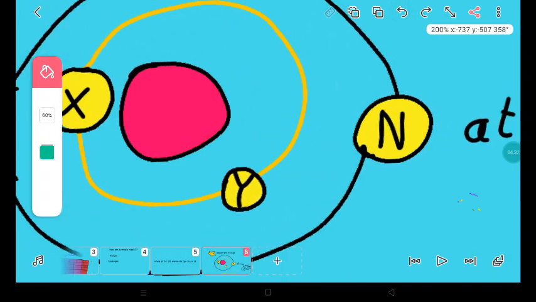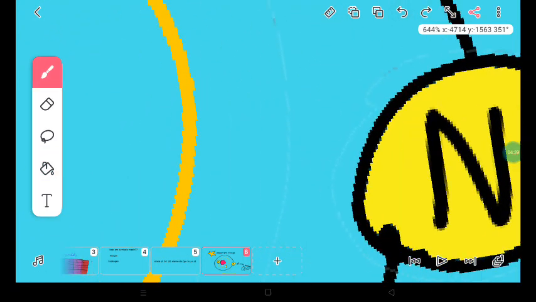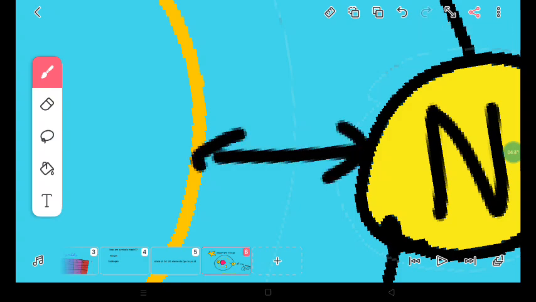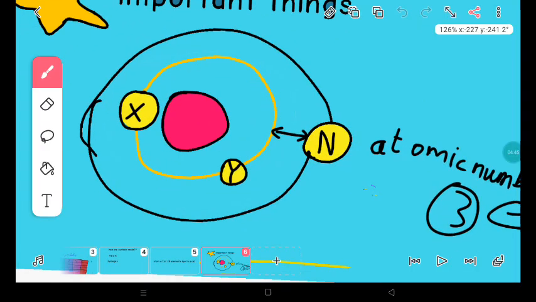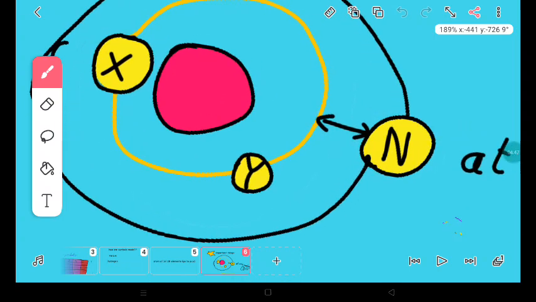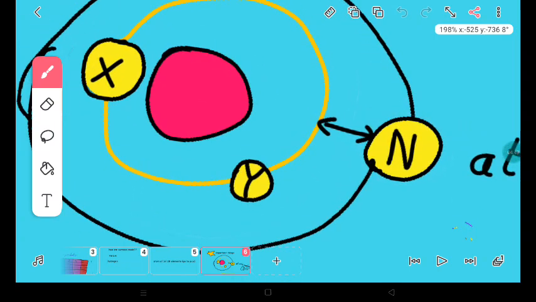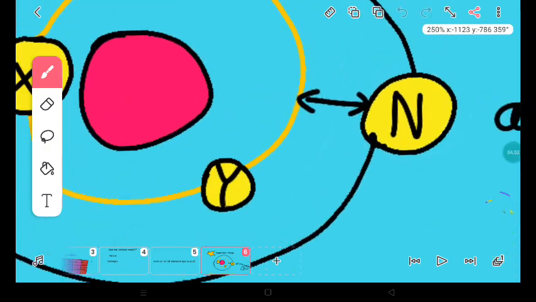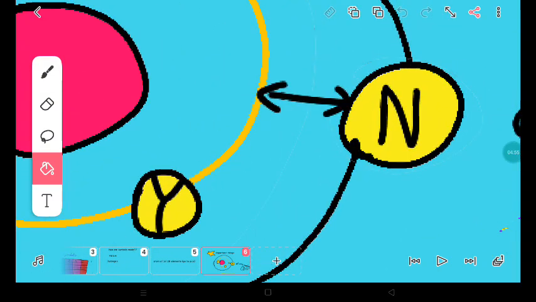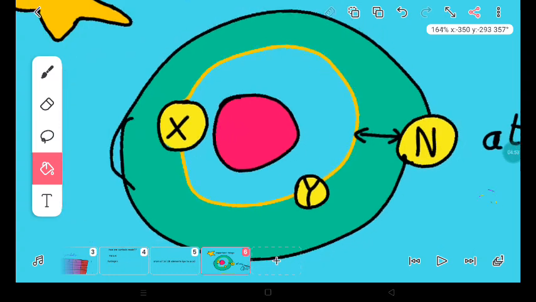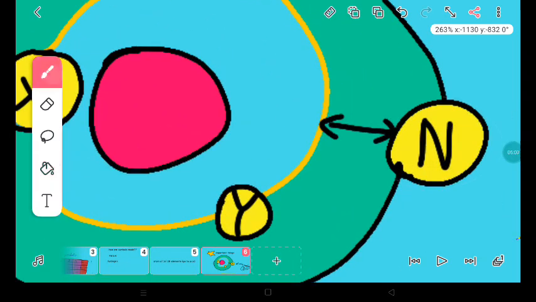Okay, anyways, the electronic shell is just the space between electron orbits. For example, the space between these electron orbits is this much.